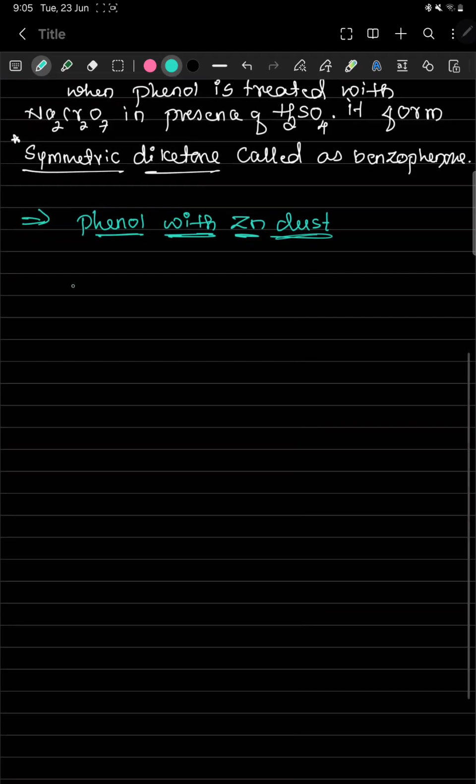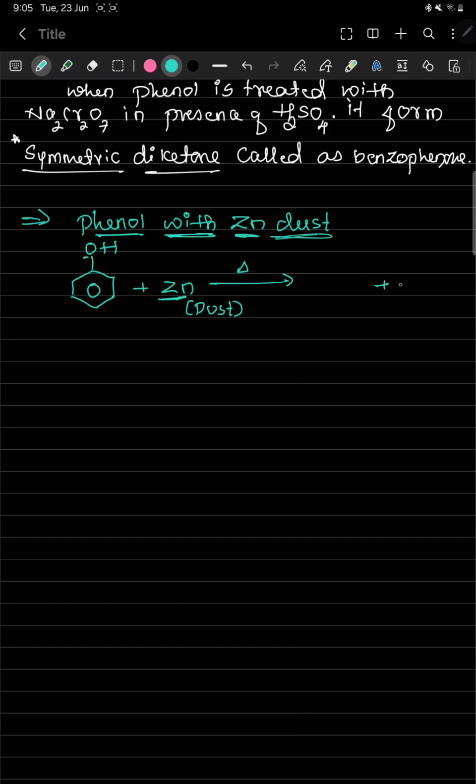So here also we take phenol, benzene with OH, and we are going to treat it with zinc dust. We are going to heat it slightly. You need to observe this Zn and this O; both will eliminate in the form of zinc oxide, that is ZnO.